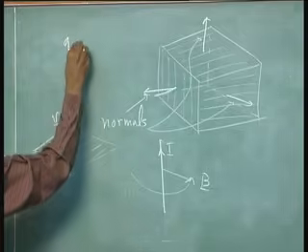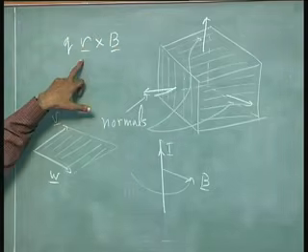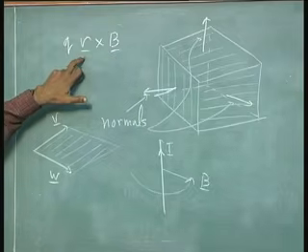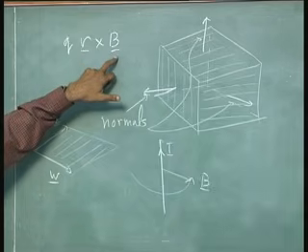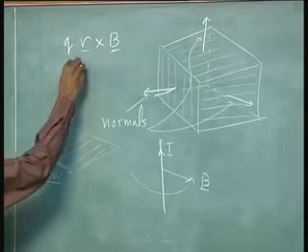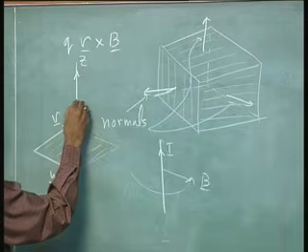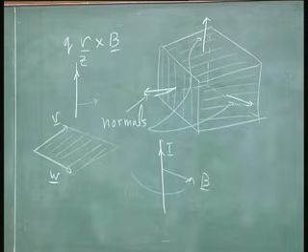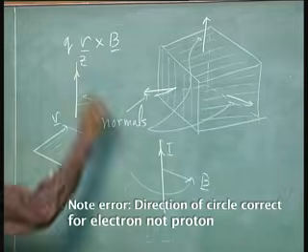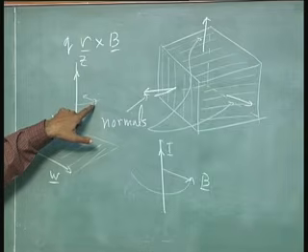It is Q V cross B. So, if a proton moves in a magnetic field, it feels a force that is perpendicular, that is normal to both V and B. And so, you find that if you have a magnetic field pointing in the z direction and the proton is moving in the xy plane, the proton is at all times feeling a force that is again in the xy plane, but 90 degrees to the velocity.